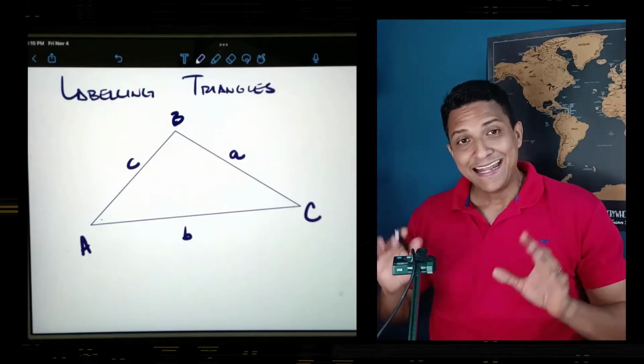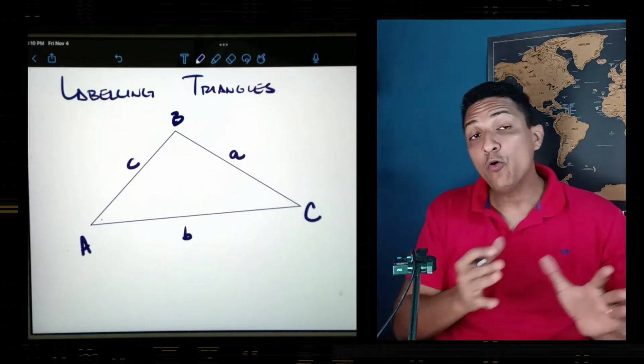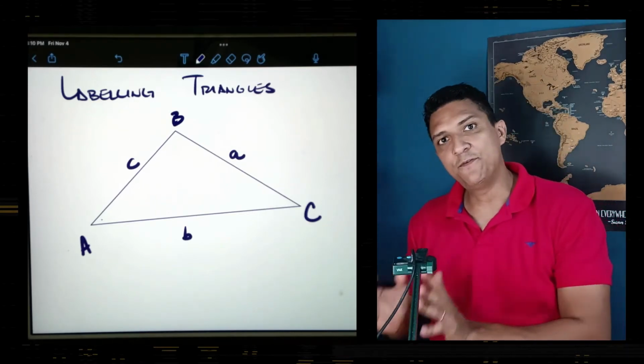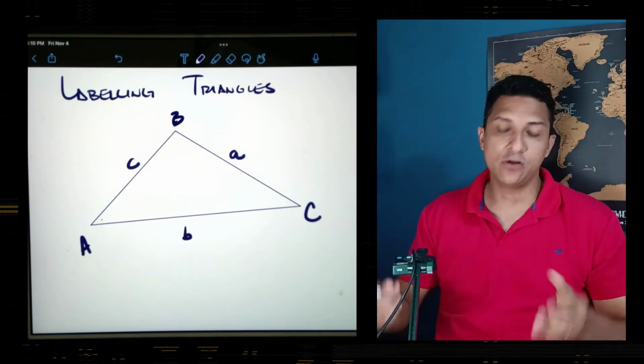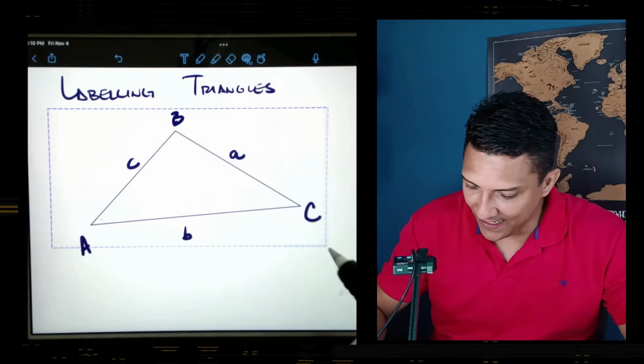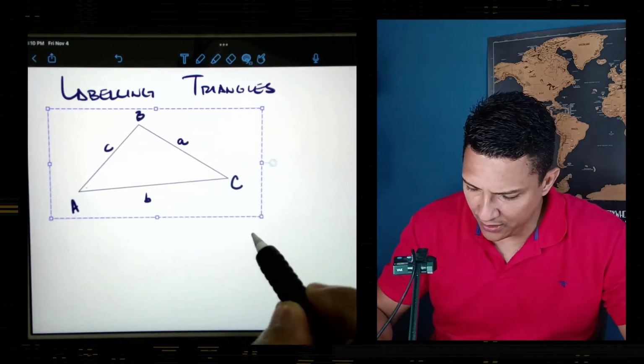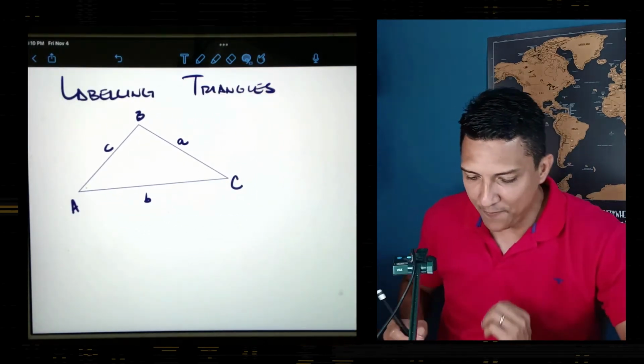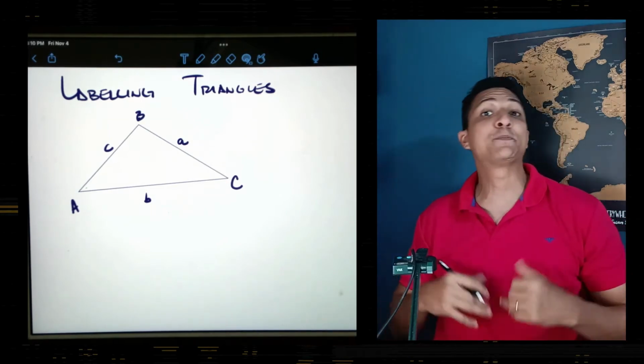Now that we understood how we label the different vertices and sides of a triangle, we need to understand how the law of sines works. I'm going to reduce this image. Basically, the idea is that it works with proportions.